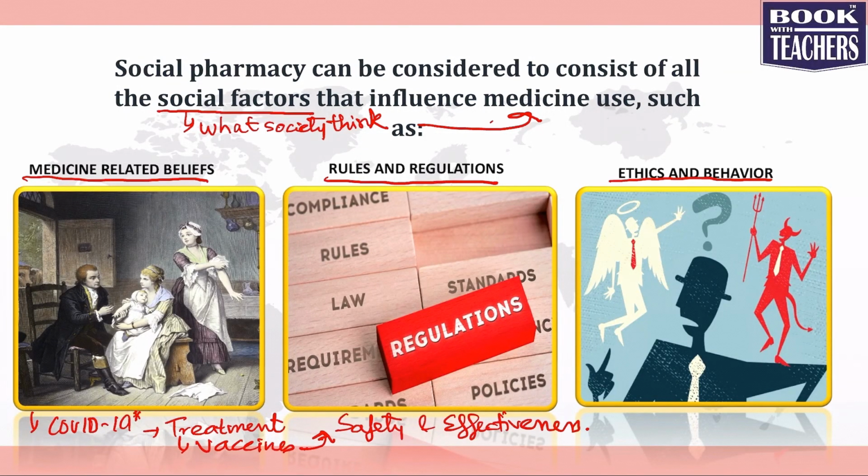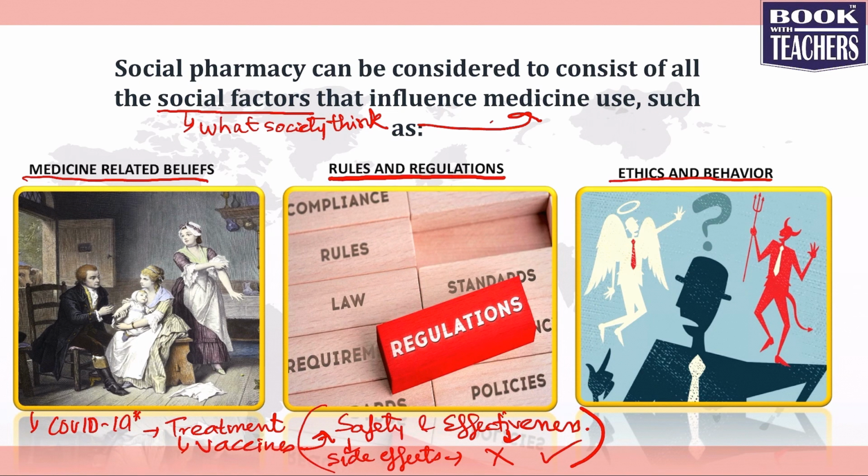Some of us believed, whether this vaccine is going to be safe or not, will it harm us, what will be the side effects of it. And there were a lot of rumors that it might shorten our lifespan, it might cause us to have paralysis, etc. And there were also rumors about its effectiveness, that they are not effective or they are very effective, etc.